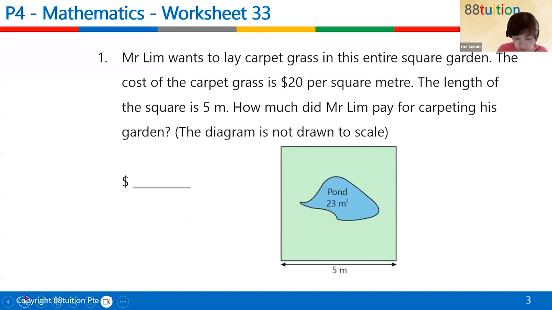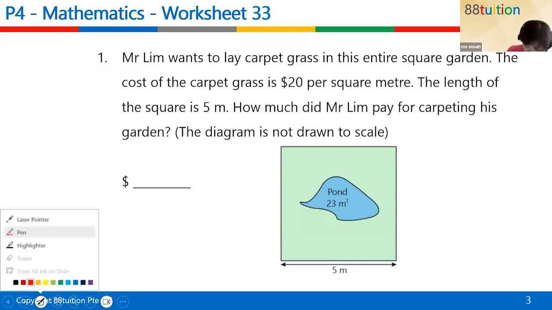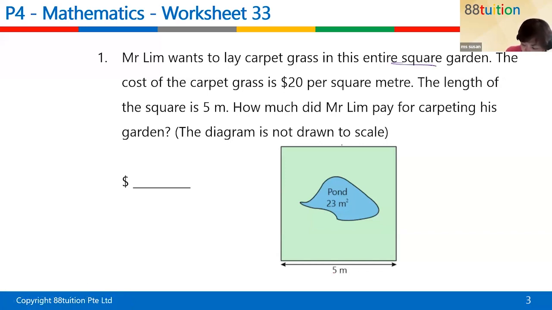Okay. Mr. Lim wants to lay grass carpet in the entire square garden. So he tells you that this is a shape of a square. In order to have a shape of a square, you must know the properties of the square. What can you say? Four equal sides. All are right angles.